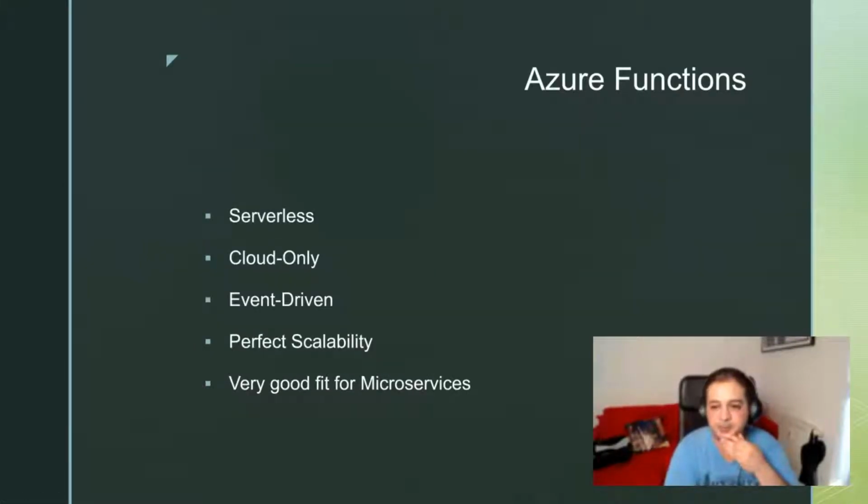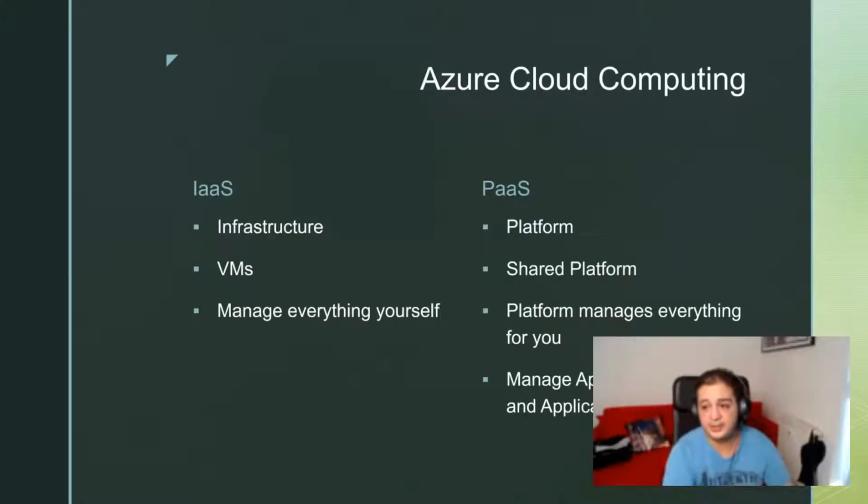Okay, here we go. So we will talk about functions a little bit for those who don't know functions. It's a serverless functions as a service framework from Microsoft. It runs locally, it runs in the cloud, it is event-driven, it scales perfectly, and it is a very good fit for microservices.